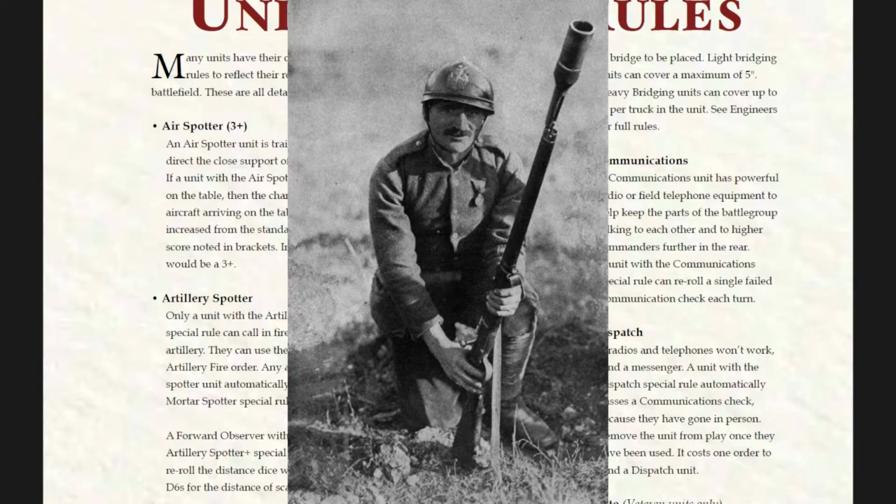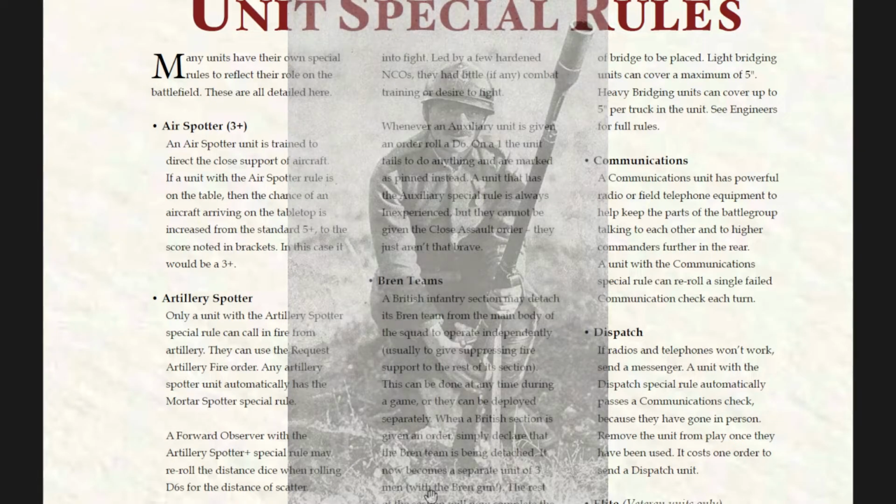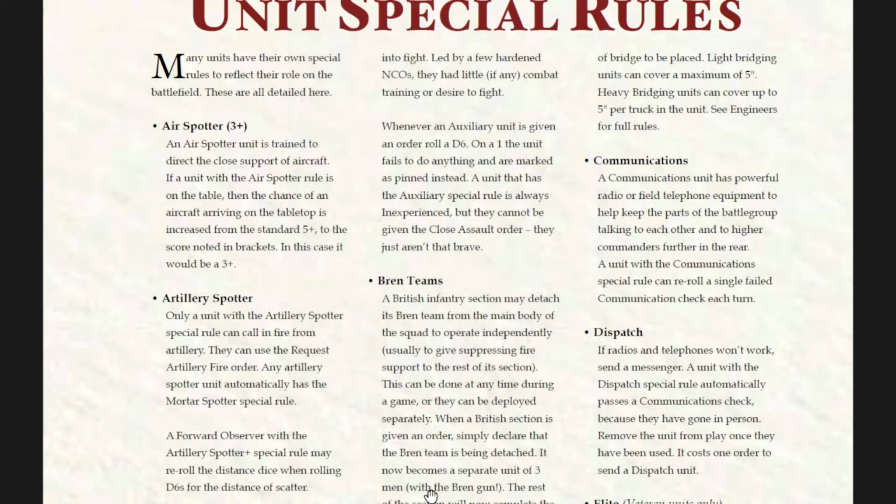All VB launchers in the platoon are detached from their squads and placed together in a new squad. Reduce the platoon's 3 shock groups by 1 man and the VB launcher each and create a new squad with 3 men and 3 VB launchers. Each VB launcher has a rate of fire of 2.